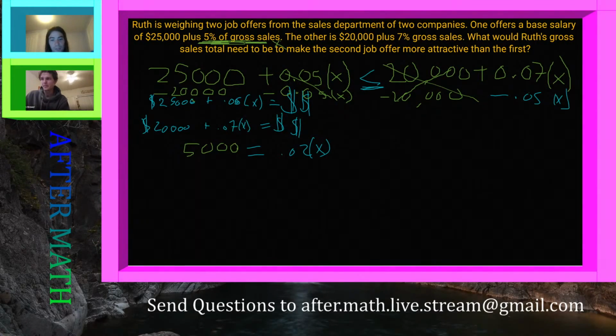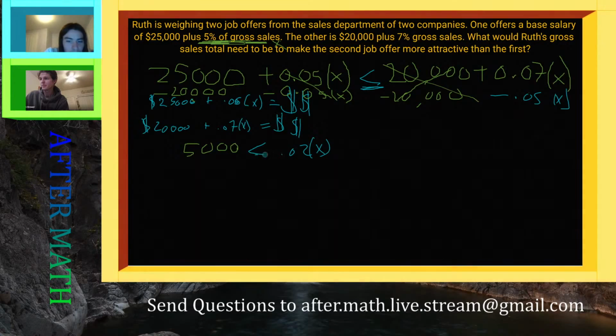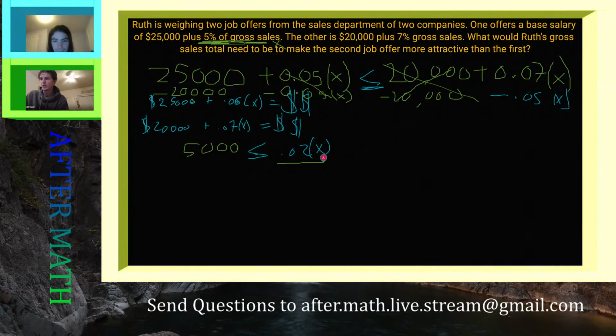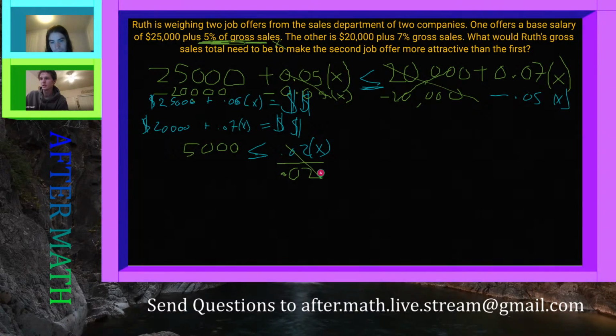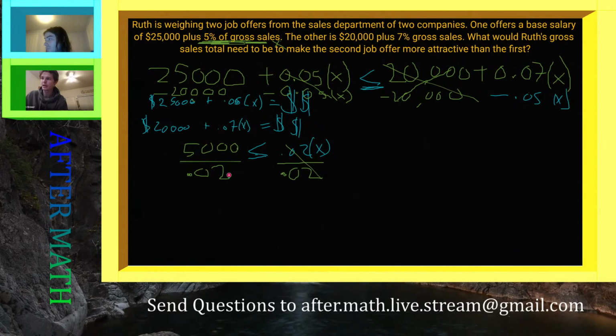Now, what do we want to do from here? Oh wait, not equals. Now, this is a multiplication problem, right? Yeah, it is. So we do the inverse operation. We divide by 0.02, not 0.2, sorry. I said it wrong, wrote it right.